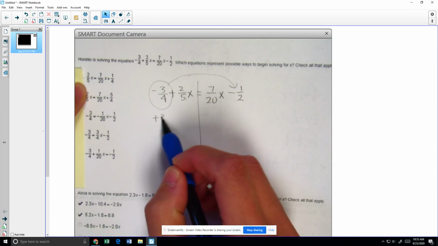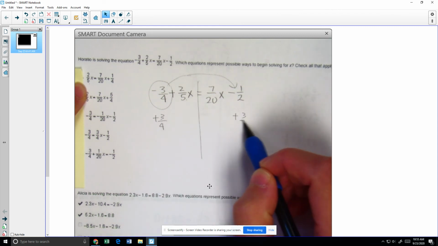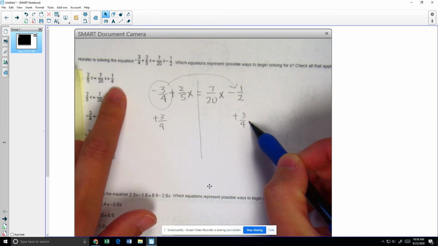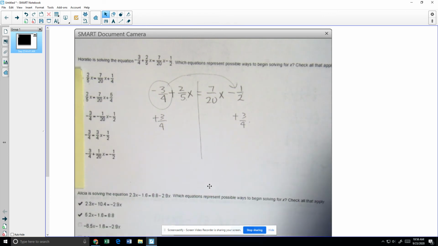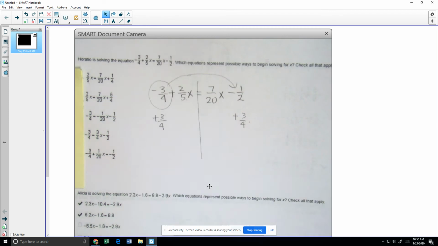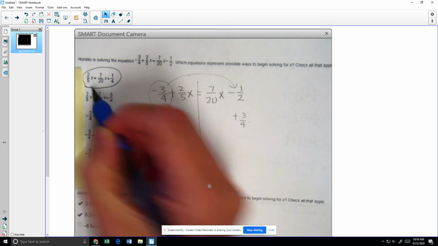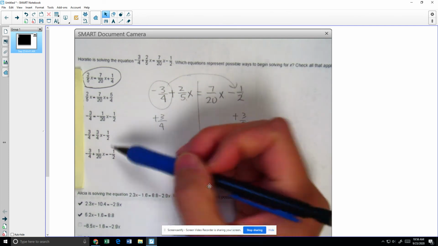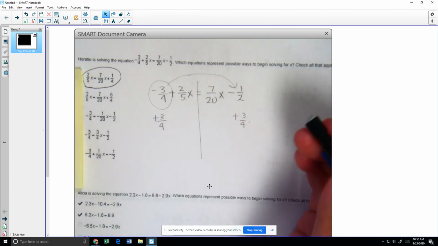So let's add 3/4 to both sides and see, is -1/2 plus 3/4 equal to 1/4 right here? -1/2 plus 3/4 does equal 1/4. There is 1/4 here. So that must have been an answer. But it says check all that apply. Oh, these guys are crazy. I know, me too.